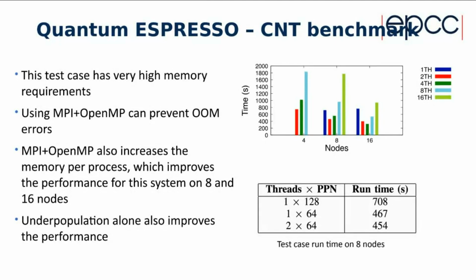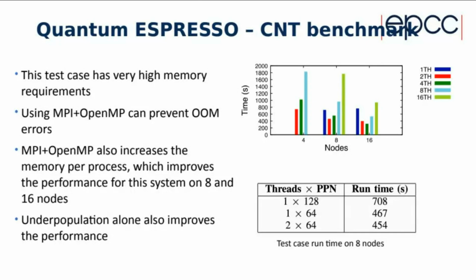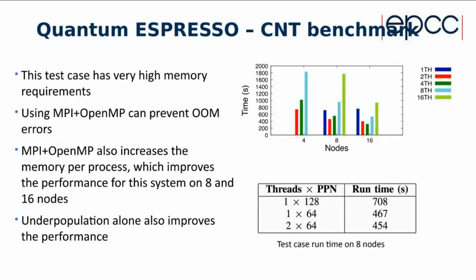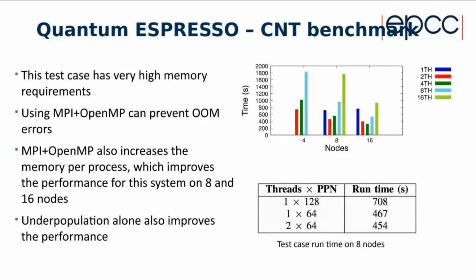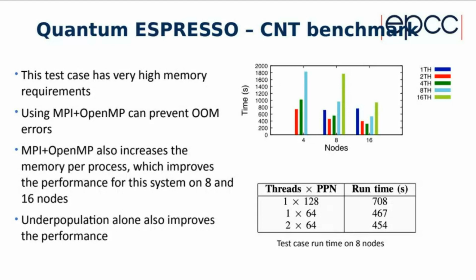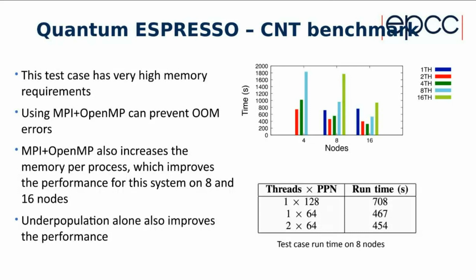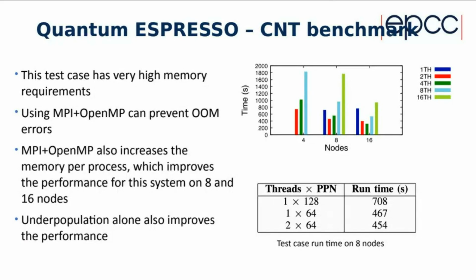If you switch to underpopulation, so 64 processes per node but without any threading, this improves the runtime a lot. This calculation is quite memory limited and obviously benefits from having more available memory. But then again, if you use multi-threading, so 2 threads and 64 processes per node, this benefits the runtime as well. So this can improve the performance.